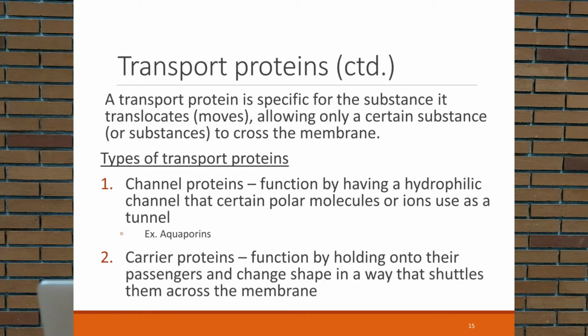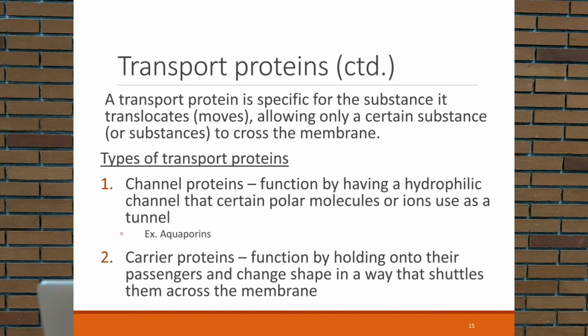The protein transport for glucose, for example, or for an ion channel, is specific. It translocates, moves the specific substance through the membrane. It allows only a certain substance, so it's not one for all. Each transport protein has a specific substance which can cross.